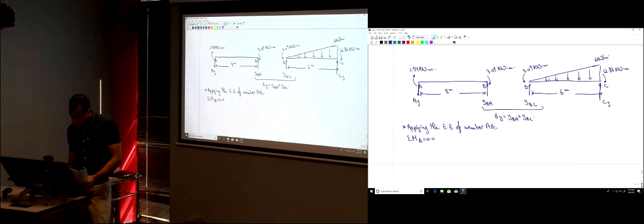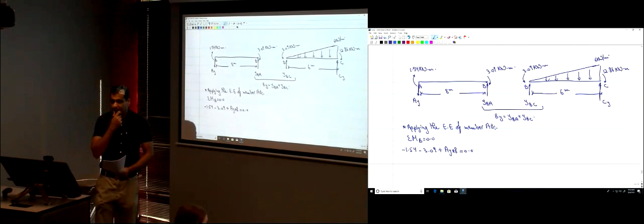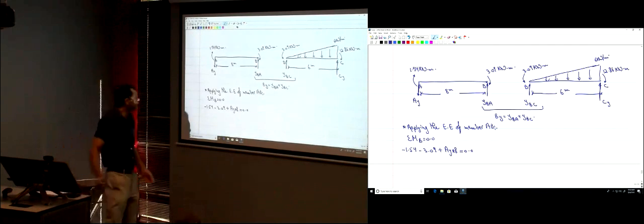Taking the summation of the moments, let's say counterclockwise is positive, so we have negative 1.54, negative 3.09, plus AY times 8 equal to 0.